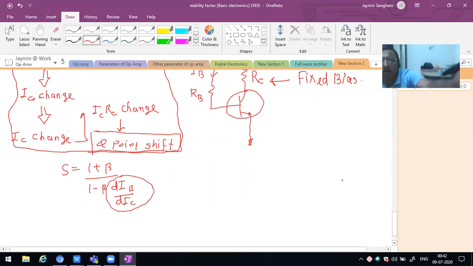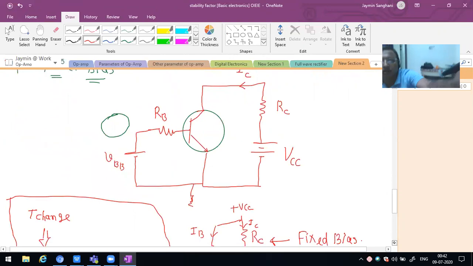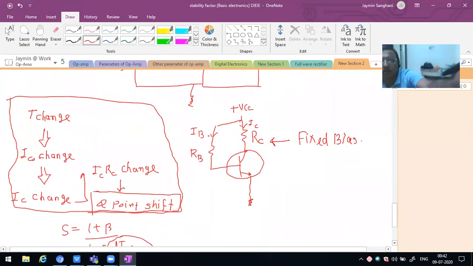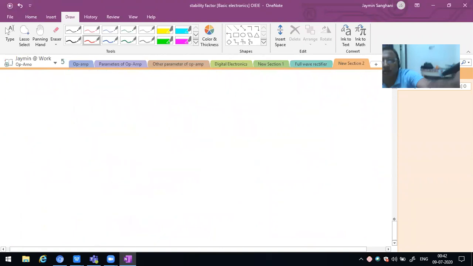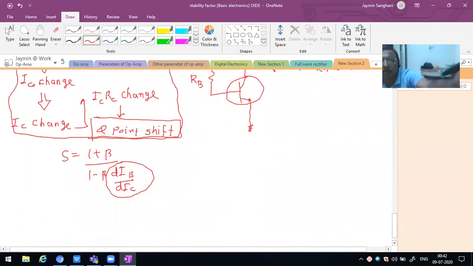Since no additional circuit is connected, dIB by dIC does not change significantly, so dIB by dIC equals 0. So stability factor S equals 1 plus beta, which is the highest stability factor.